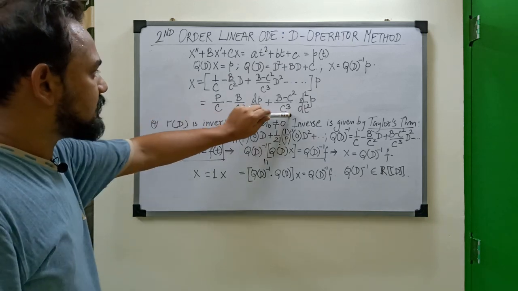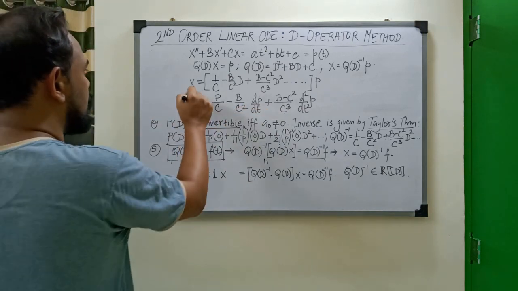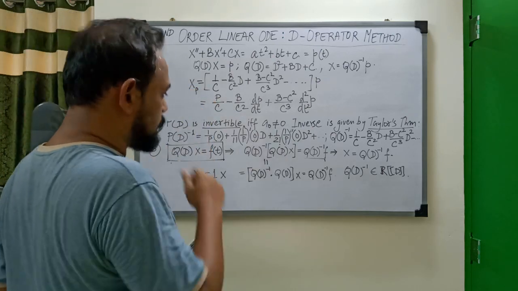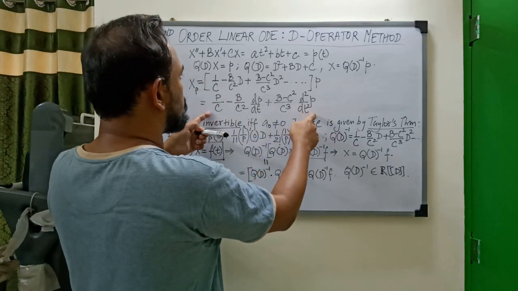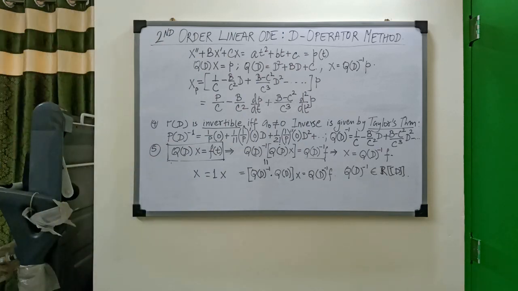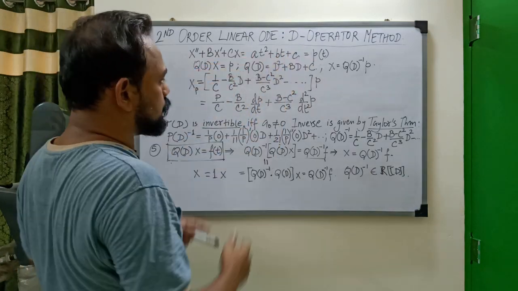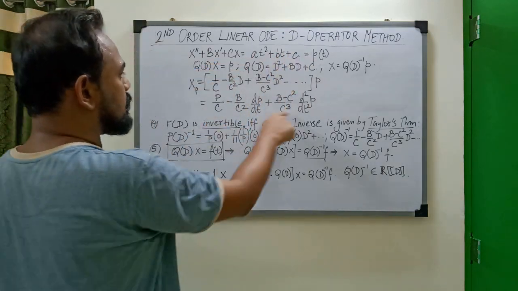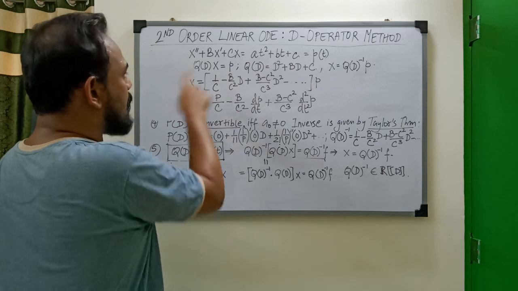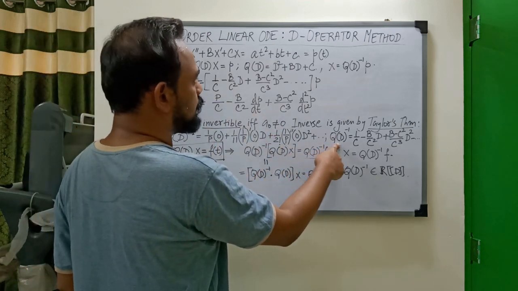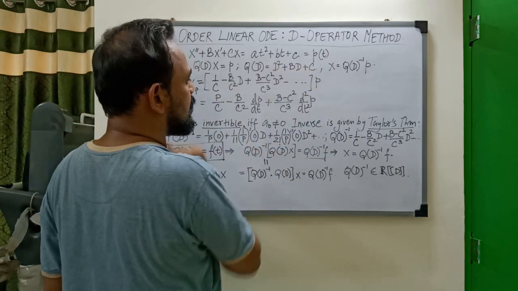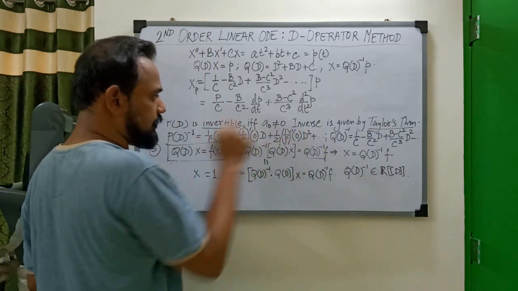And can you remember this formula? I said this was the particular solution. The question was to prove that this was the particular solution for this differential equation. And of course, you could just put it in here and show that it comes to this. That's all right. But really what it comes from is the application of the inverse of this QD given by Taylor's theorem.